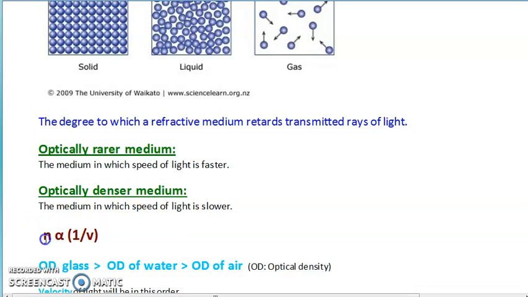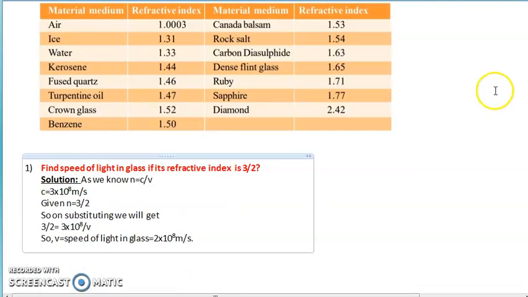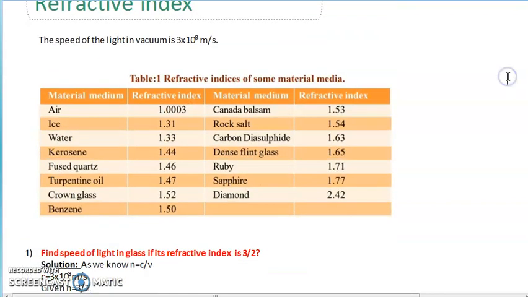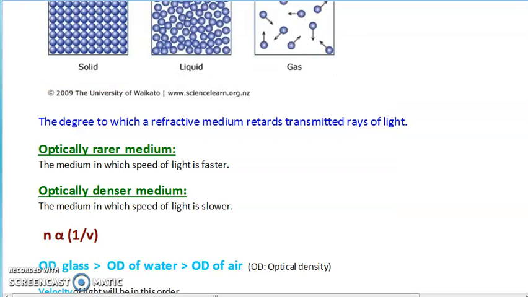What is the refractive index formula? It is the speed in vacuum to the speed in that material. We know the speed of light in vacuum is a constant value, 3 into 10 power 8 meters per second. That is a constant value, so we need not take it as a variable term.